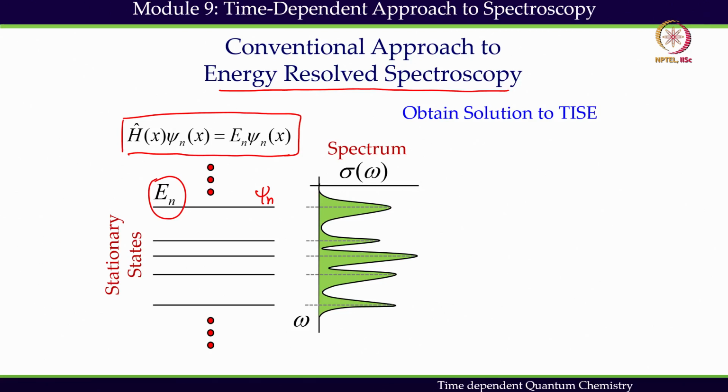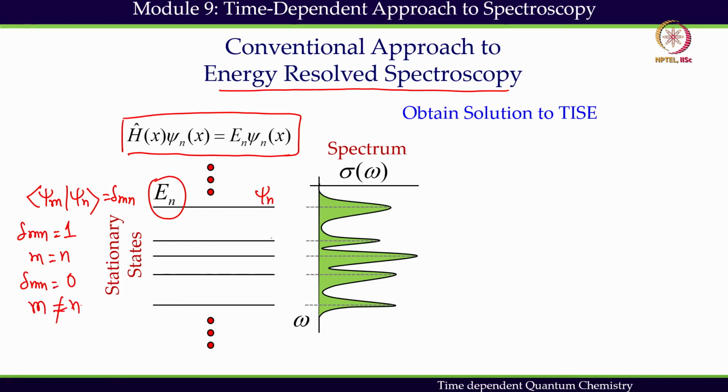These eigenstate wave functions are orthonormal in nature, that also we have understood. Generally this is going to be delta mn, where delta mn equals 1 if m equals n, and it is 0 when m not equals n.